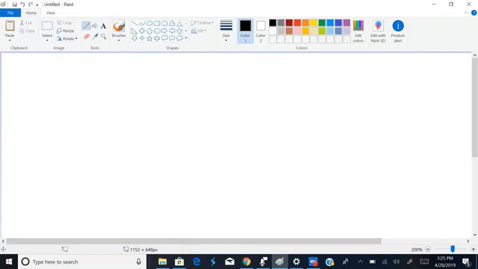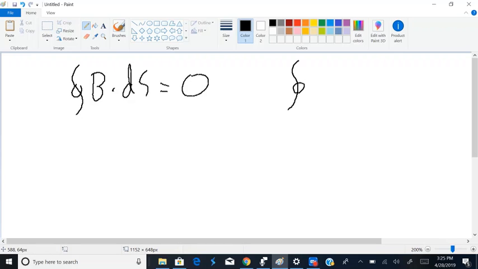It's really just from Maxwell's equations, B dot dS is equal to 0. How I like to think about it is a little bit like Gauss's law. It's again like a Maxwell equation, D dot dS is equal to Q enclosed.